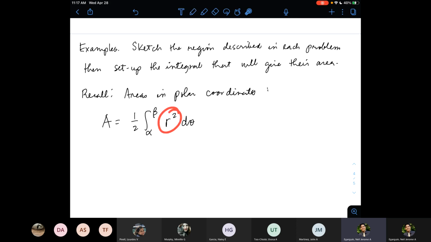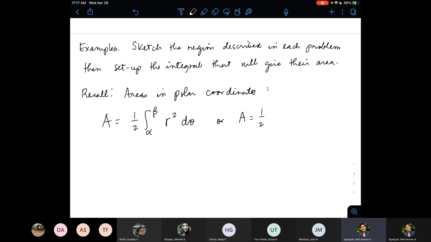So your radius r here could be dependent on theta. It could be a constant, but the thing is, we put a function inside. The integrand would be r squared, and don't forget the 1/2 outside. If your region is bounded by two curves, then the area could take this form.